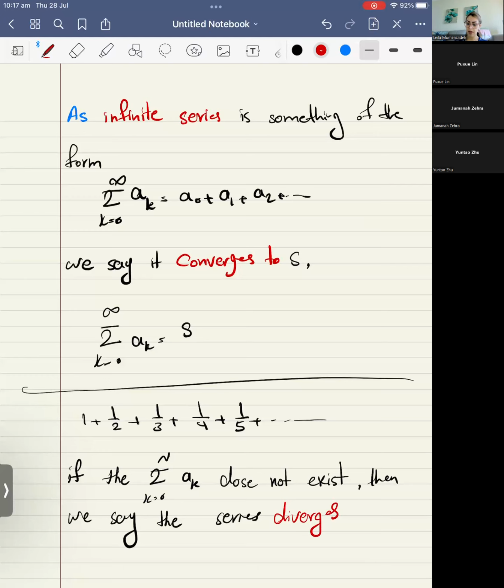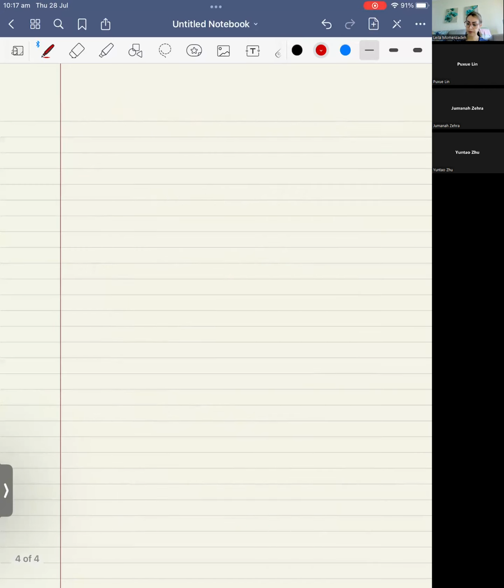Okay. Again, for example, summation k equals 0 to infinity of 1 over 2 to the power k. You know that it converges to 2. You can say that this series converges to 2.